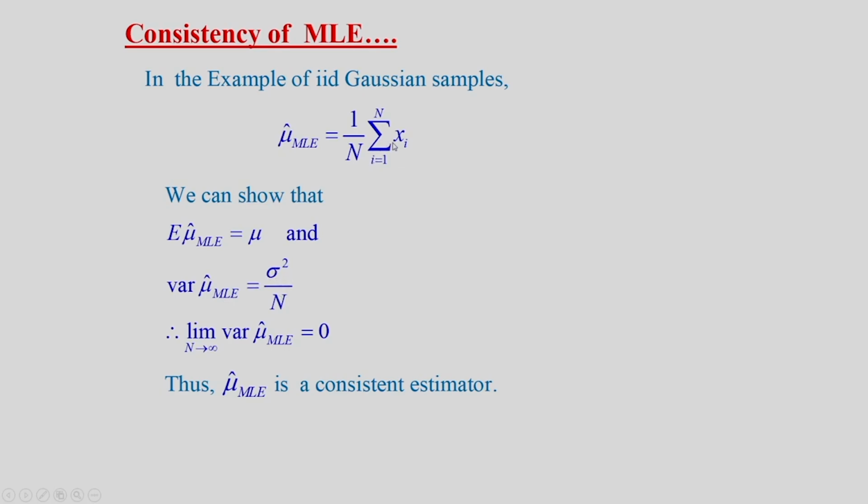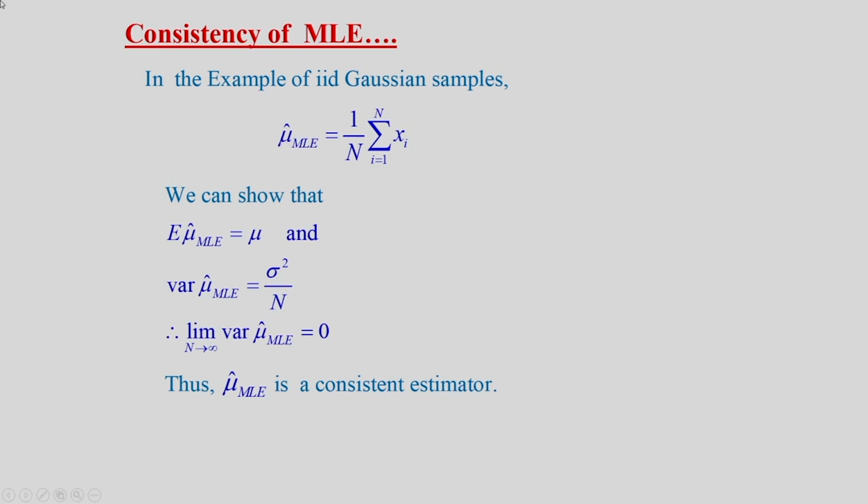Using the IID property, we can establish this. Therefore, limit of variance of mu hat MLE will be equal to 0, which implies that mu hat MLE is a consistent estimator. So, we have shown that the maximum likelihood estimator for mu is a consistent estimator.